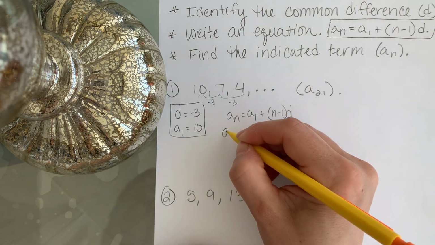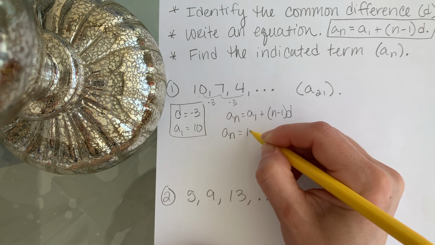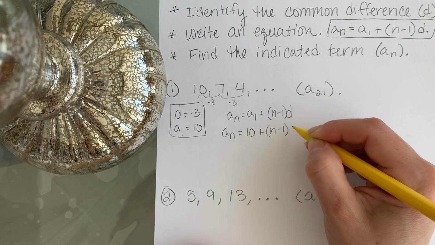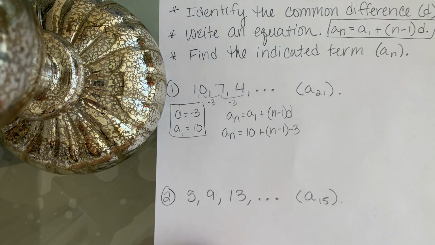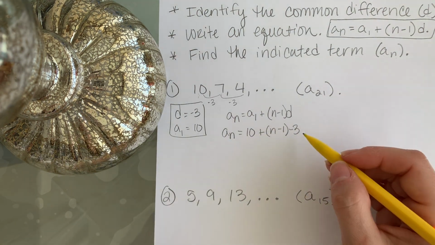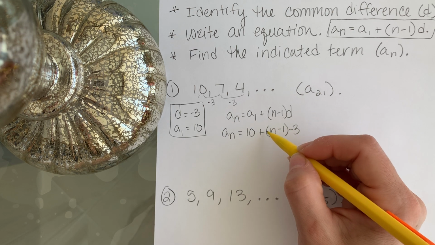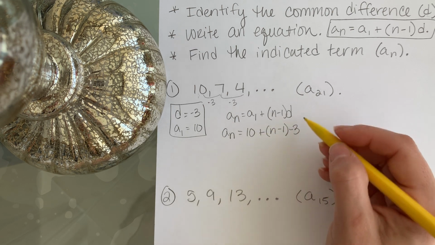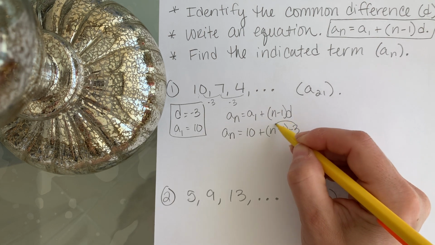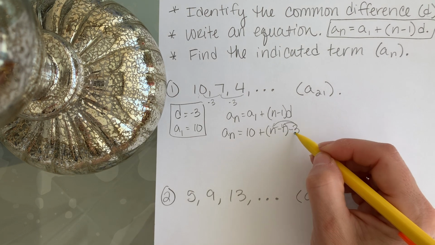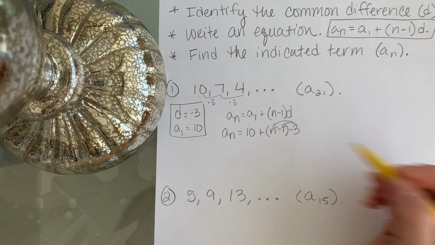So we have a sub n equals 10 plus n minus 1 times -3. Now I know this looks funny, and you would normally want the -3 in front of the parentheses, but you're just doing the distributive property. So you're distributing this -3 into the parentheses.